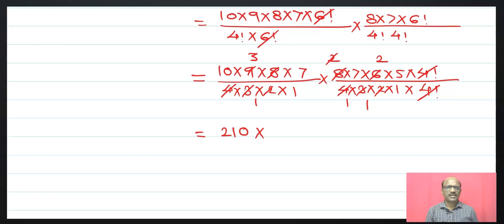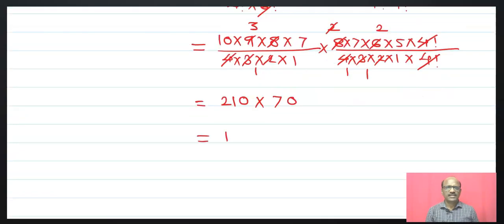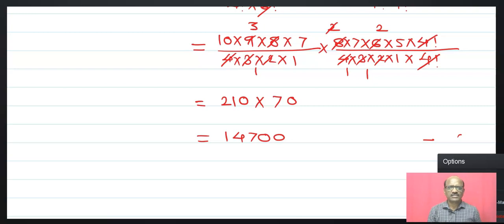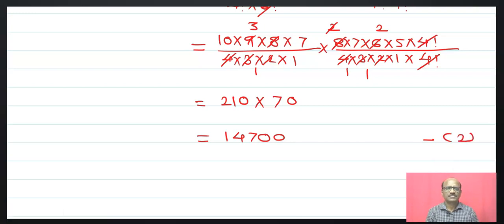So 210 into 70 is equal to 14,700. This is number 2.